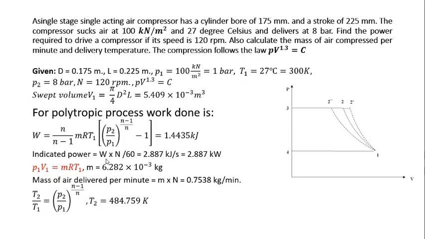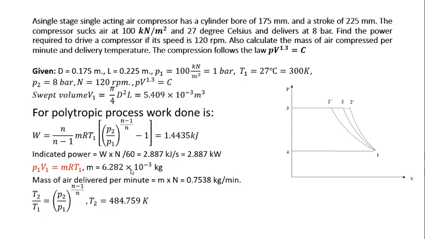So indicated power is equal to work done W into N by 60, where N is the speed of the crank. See, in one crank rotation, the compressor completes one cycle. So the speed of the crank is 120 rpm, then the compressor completes 120 cycles.